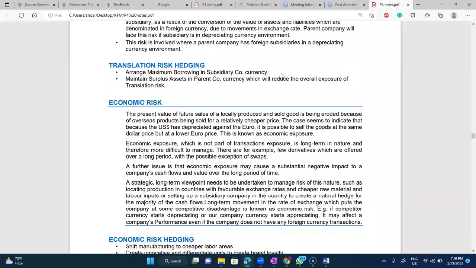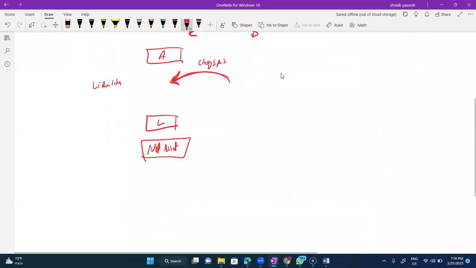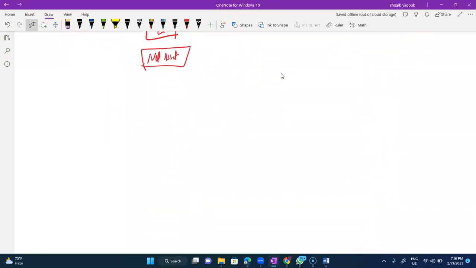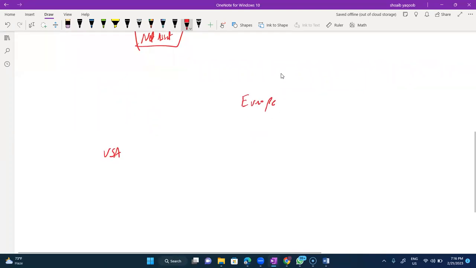Next one is economic risk. For example, let me take a scenario from the past paper. For example, this is Europe, this is the USA, this is Italy, this is France.